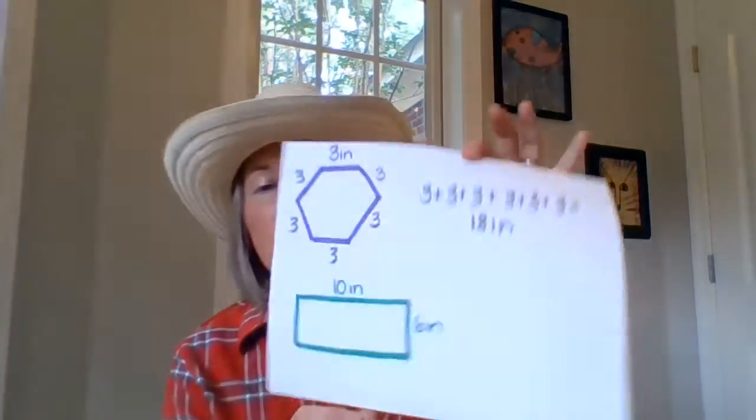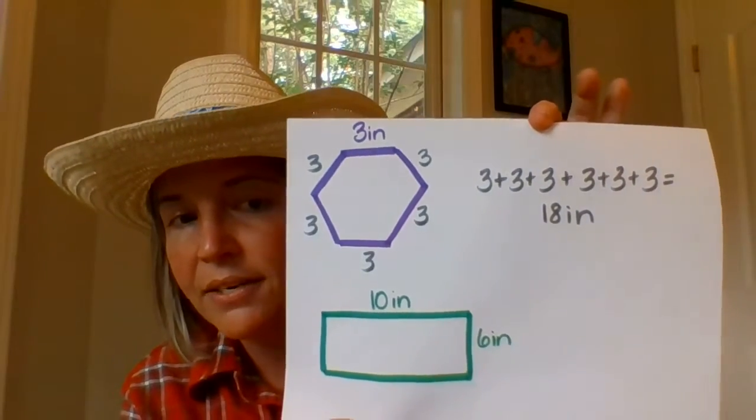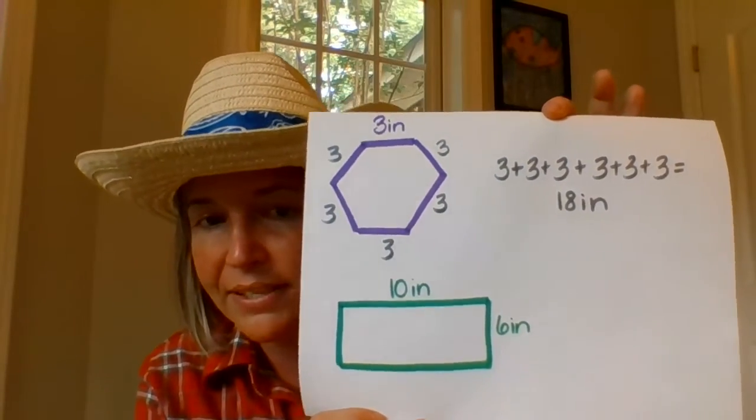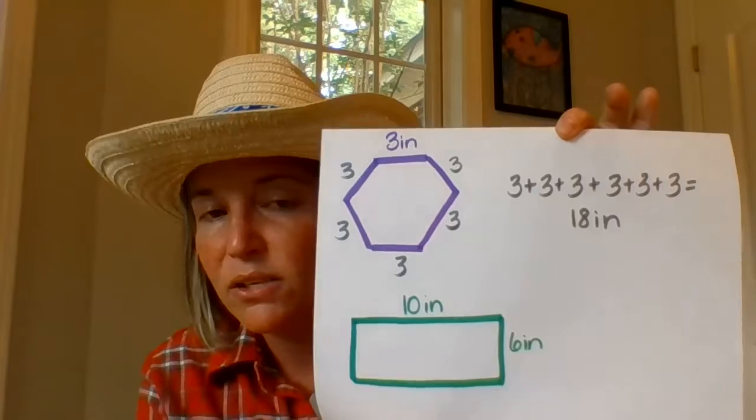So now I'm going to add 3 plus 3 plus 3 plus 3 plus 3 plus 3. And that's going to be 3 6 times, so it's going to be 18 inches.